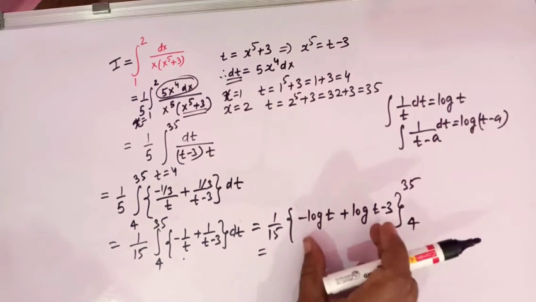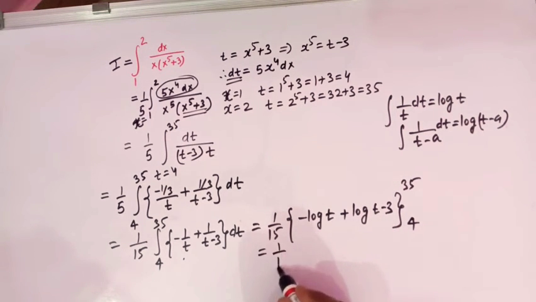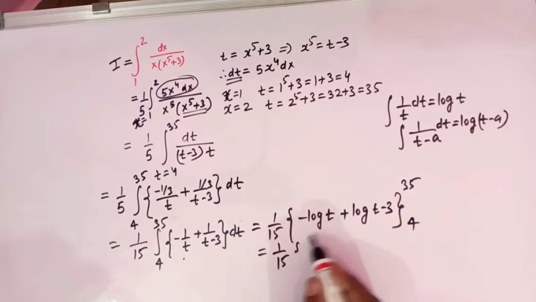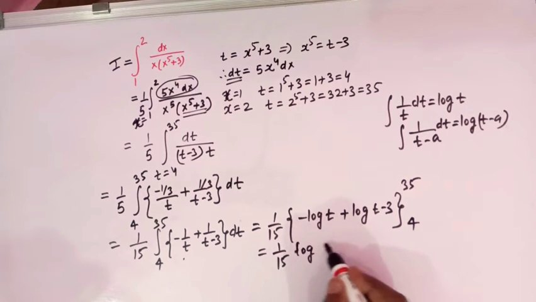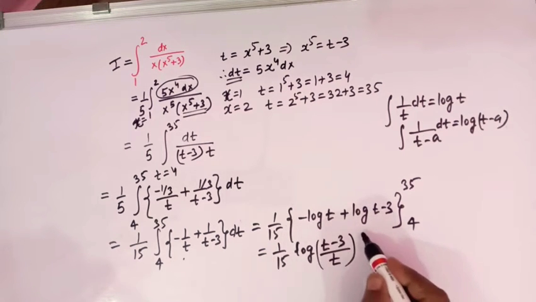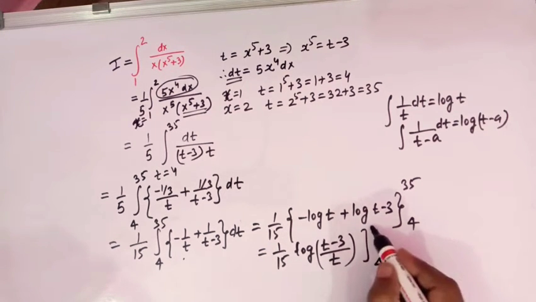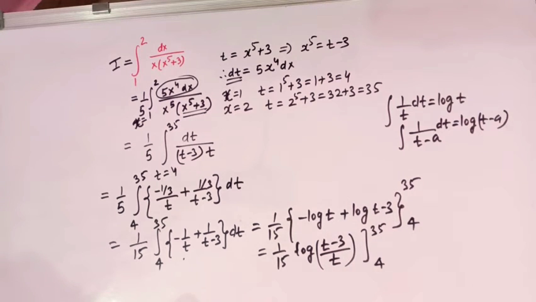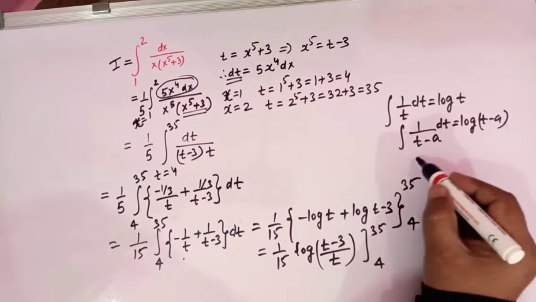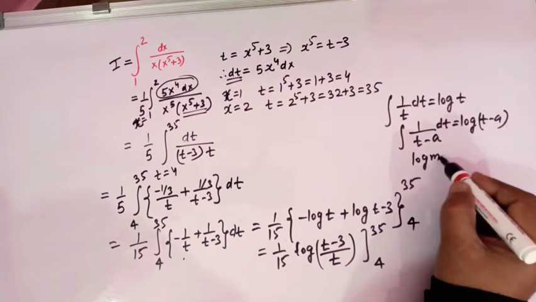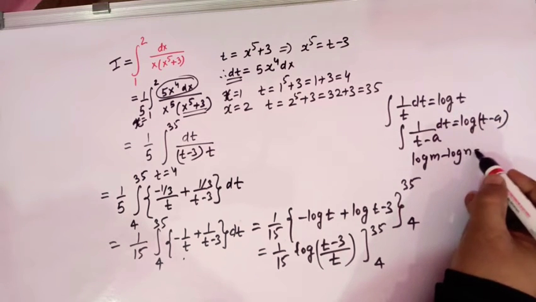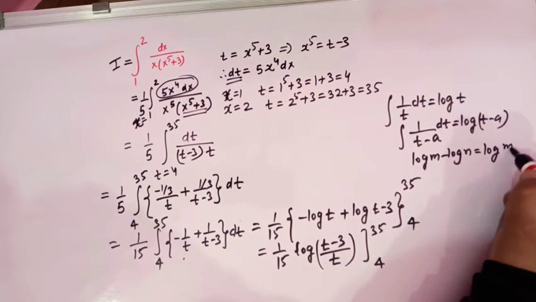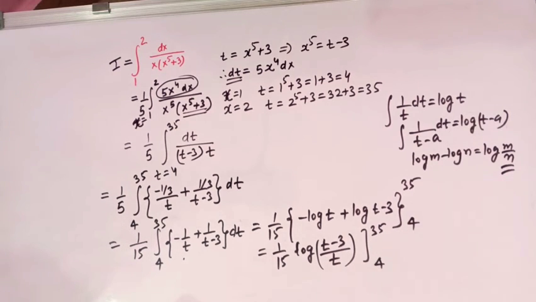Now by the property of log, we can write this as log of (t minus 3) over t, with limits from 4 to 35. Here we have used log m minus log n is equal to log m over n.